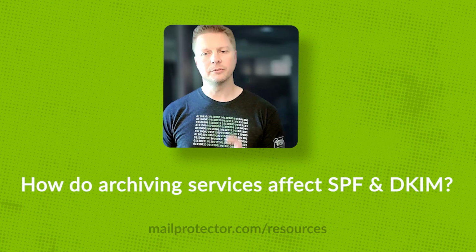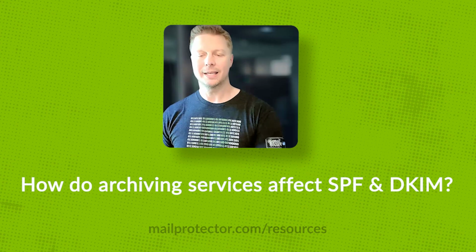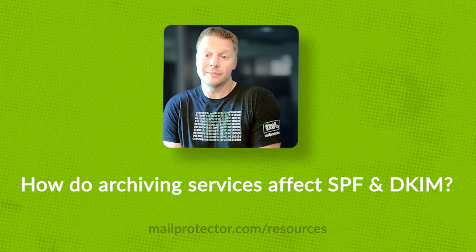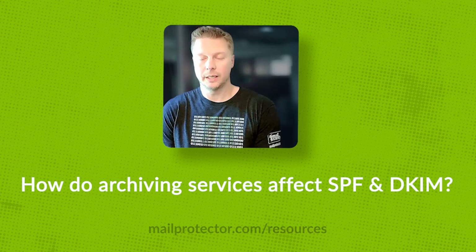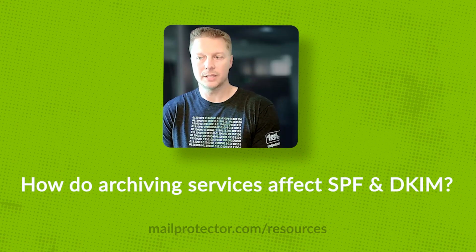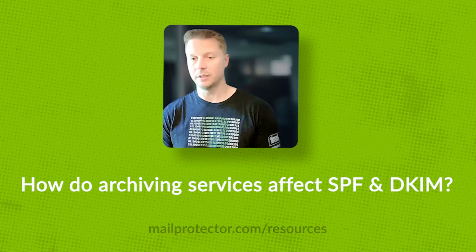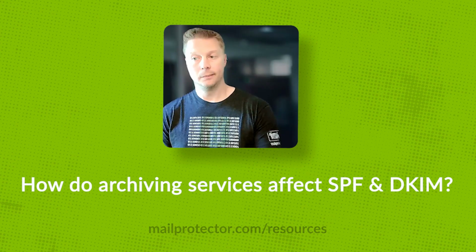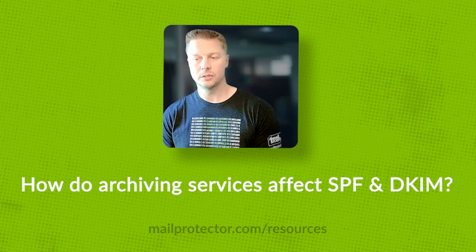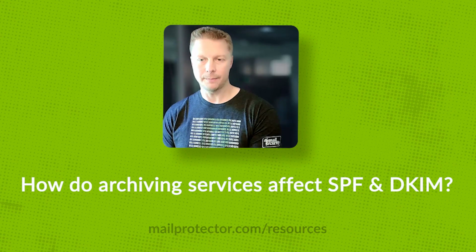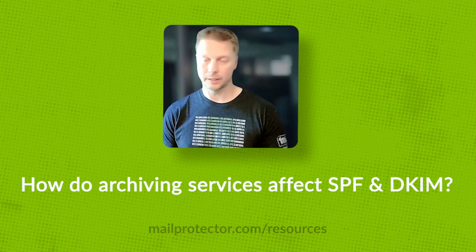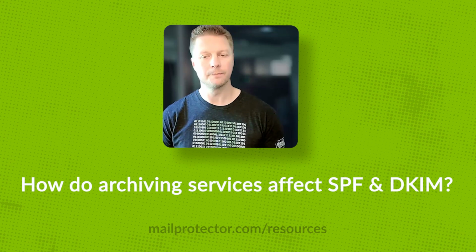It's a special type of copy of the message that gets sent to the archive. The archive itself doesn't really care about checking SPF or DKIM because that's really happening at the receiving side, right? Whether it's a secure email gateway or whether it's Microsoft or Google accepting the message, that journaling step is going to happen after the message has been checked out and considered okay.